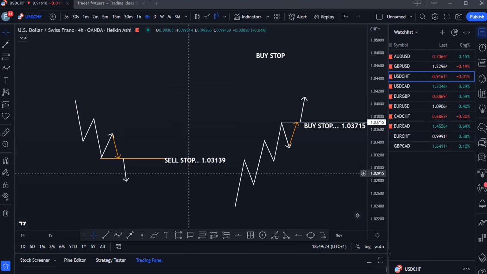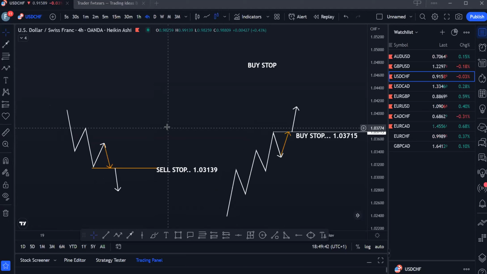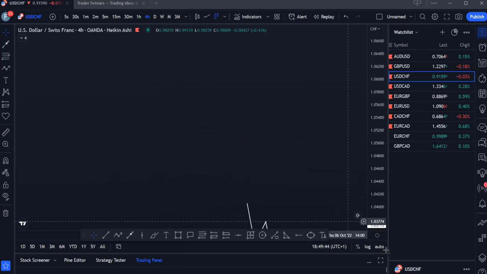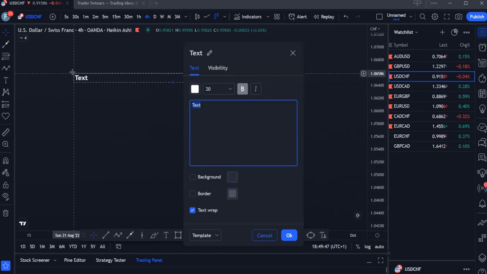So you are in control at the price that you enter that particular trade. Are we together now? All right, so let's talk about limit orders. Okay, limit orders is a direct opposite of stop orders. It's very, very beautiful.